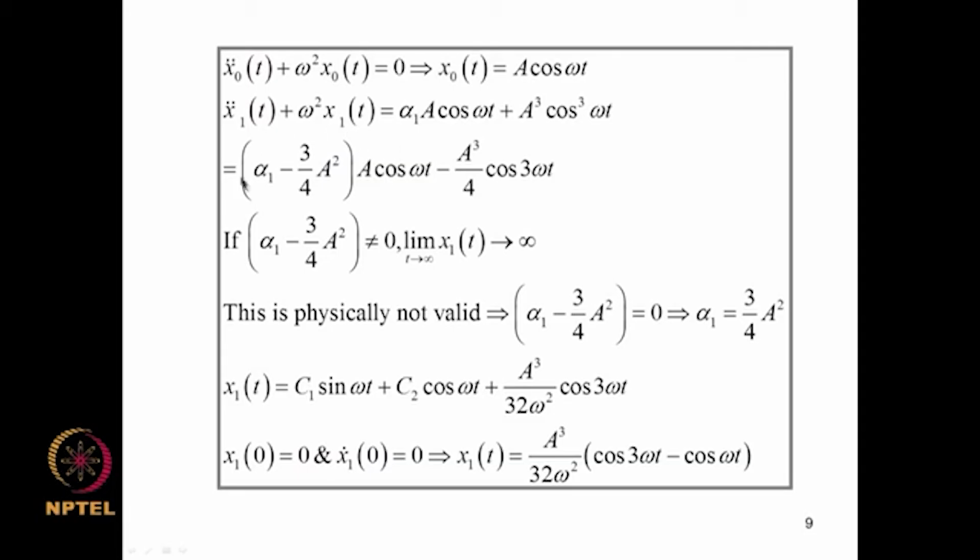So, we demand that this multiplying term alpha 1 minus 3/4 A square must be 0 for simulating the expected qualitative behavior of the system. So, we get alpha 1 to be 3/4 of A square. Based on this I can construct this solution, and using the initial conditions I will be able to write this solution for x1 of t.